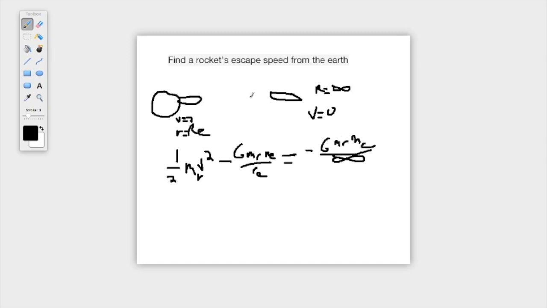When I was doing the proof that the gravitational potential energy is this, we figured out that anything over infinity is just 0. So this whole thing equals 0. So 1/2 Mr v squared minus G Mr Me over Re is all equal to 0.